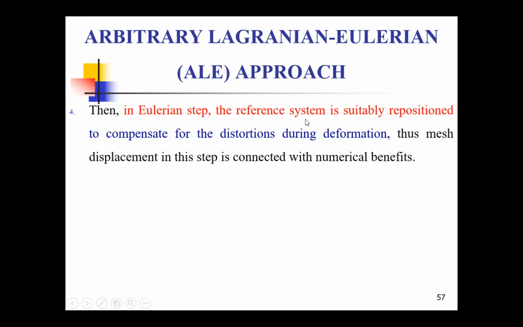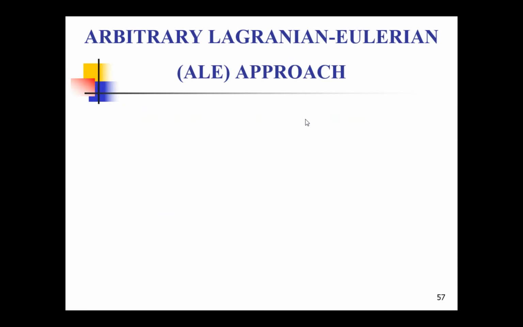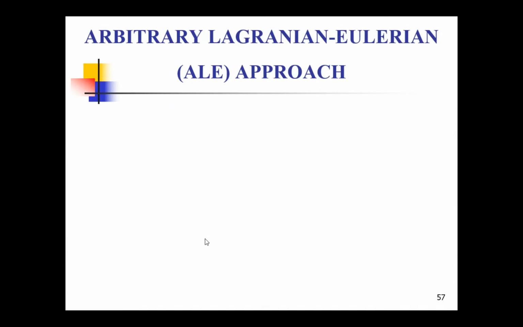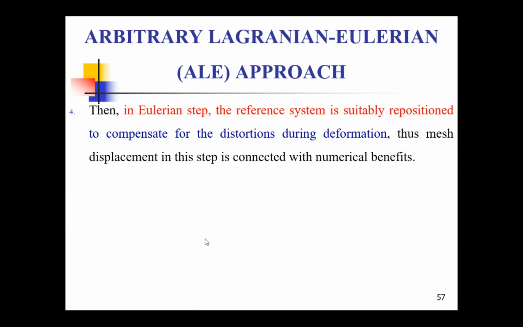So in the Eulerian step, the reference system is suitably repositioned to compensate for the distortions. Okay, so previously we considered the Lagrangian step, which considers the material flow at the free boundaries and chip formation because of the material deformation. Here, in the case of Eulerian, we are going to reposition the reference system of the element due to the distortions taking place.